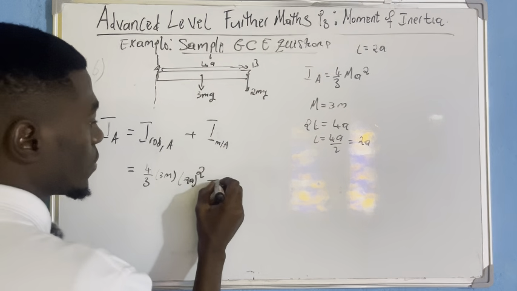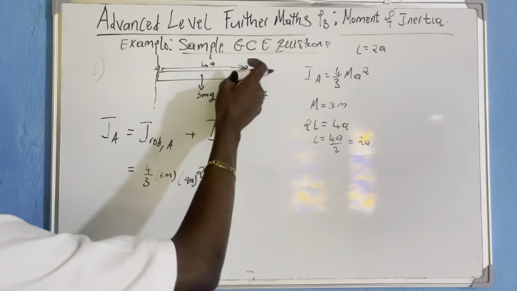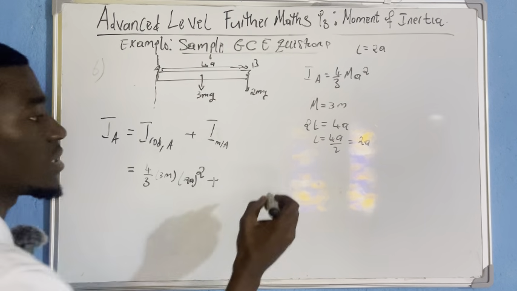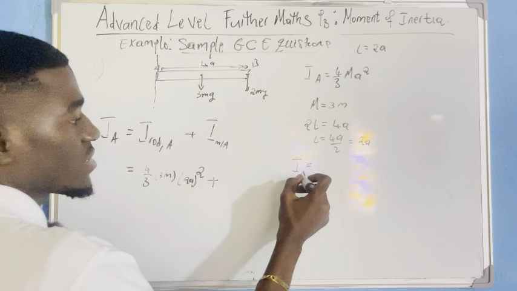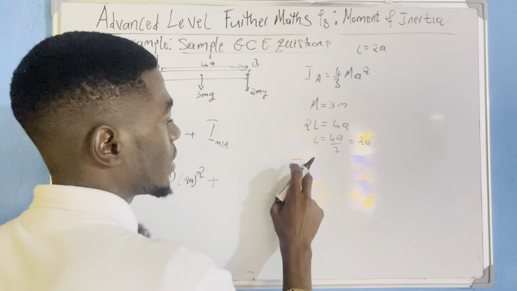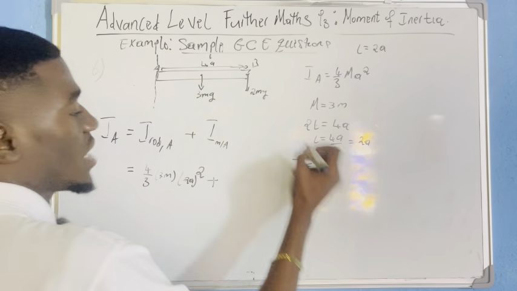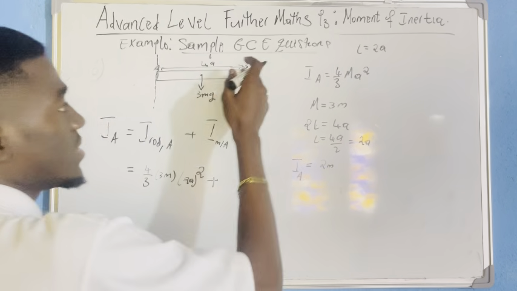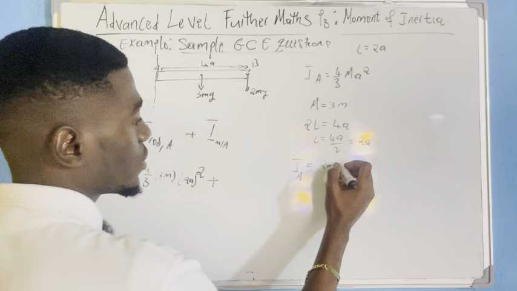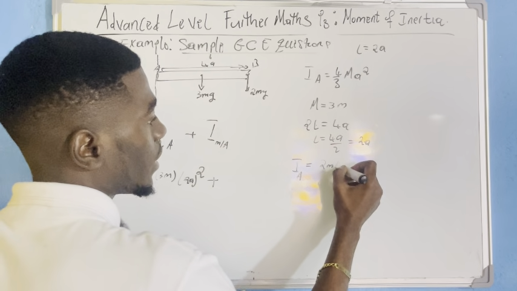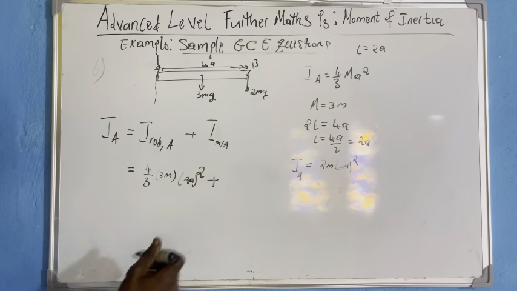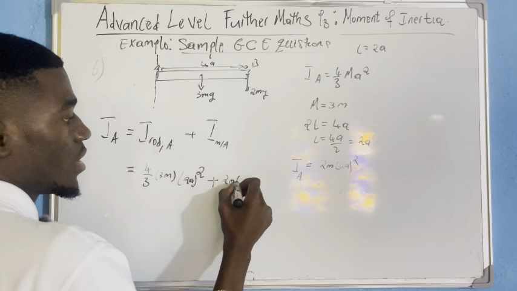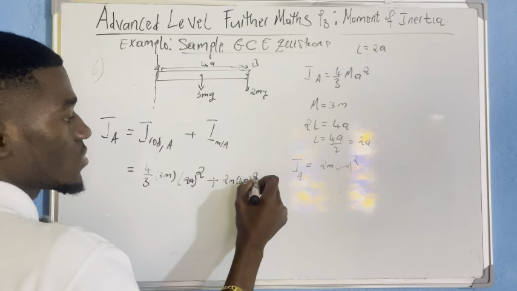Then plus the moment of inertia of this mass. The mass is considered as a point mass. I told you that when I have a point mass, to calculate its moment of inertia about the axis, I simply take the mass of the point mass, then the distance from the point mass to the axis of rotation, which is 4a, and I square it. As simple as that. So I have simply 2m times 4a squared.